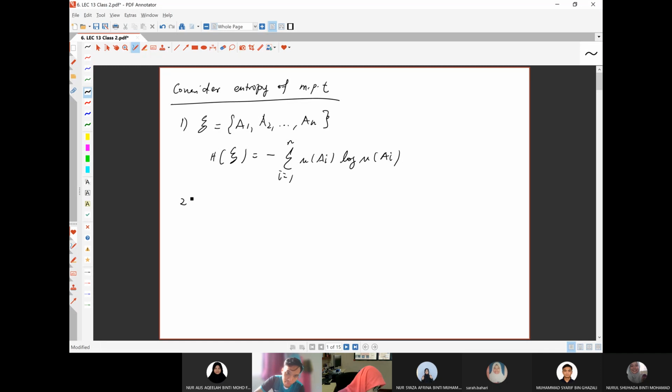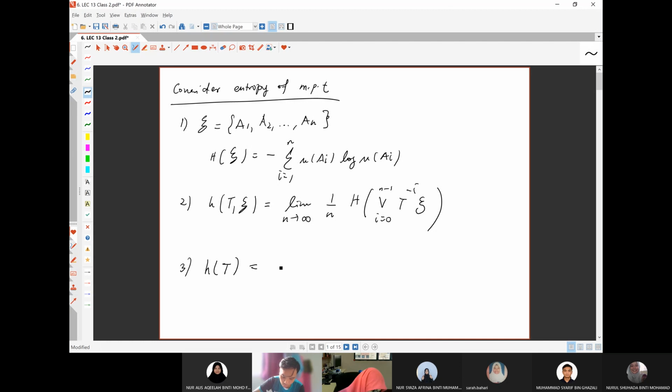Next formula is the relative entropy. So this is equal to the limit of 1 over n of the entropy of the join, i equals 0 until n minus 1. And the last one is the entropy of the transformation.